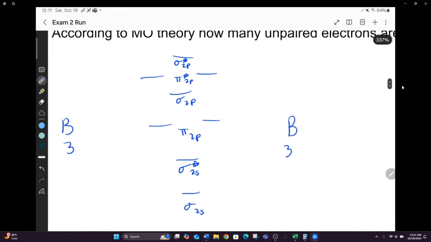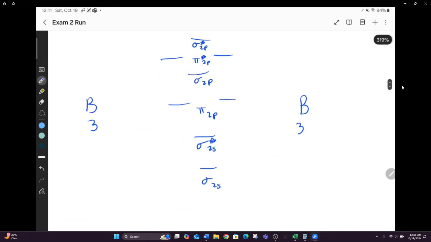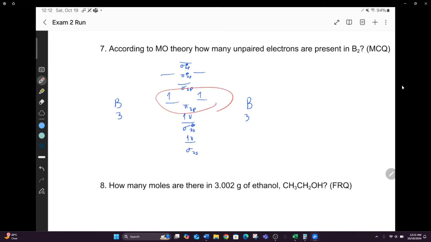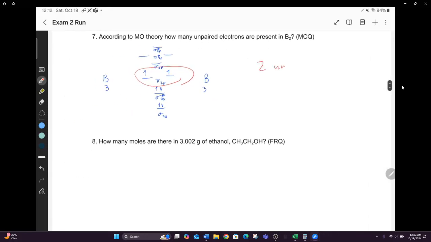So we have 6 total electrons. Let's start filling them in: 1, 2, 3, 4, 5, and 6. As you can see, your pi 2p orbitals each have an unpaired electron. So we have 2 unpaired.